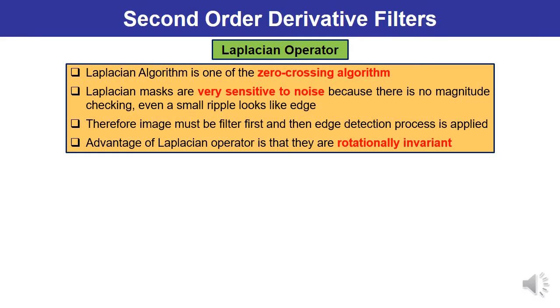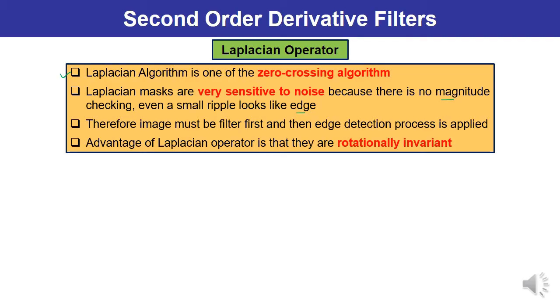See, the Laplacian algorithm is one of the zero crossing algorithms, as I have told you. Laplacian masks are very sensitive to noise because there is no magnitude check. Even a small ripple looks like an edge. Here there is no checking of the magnitude.